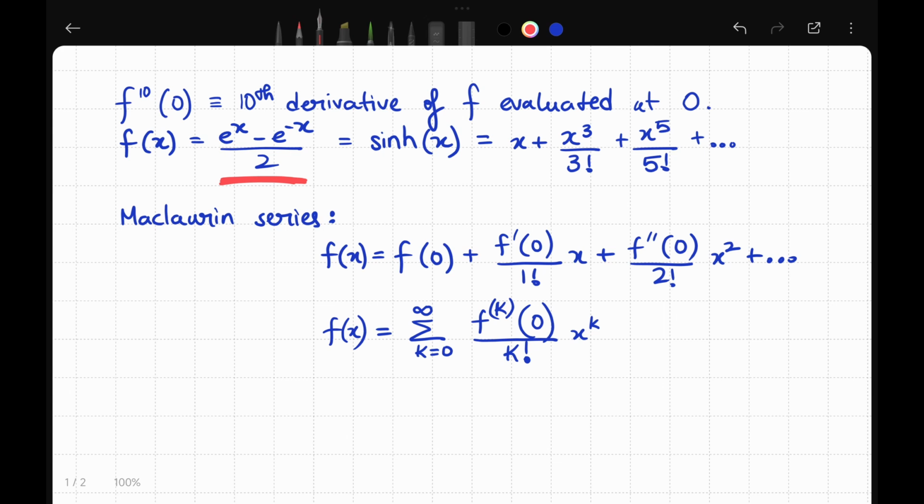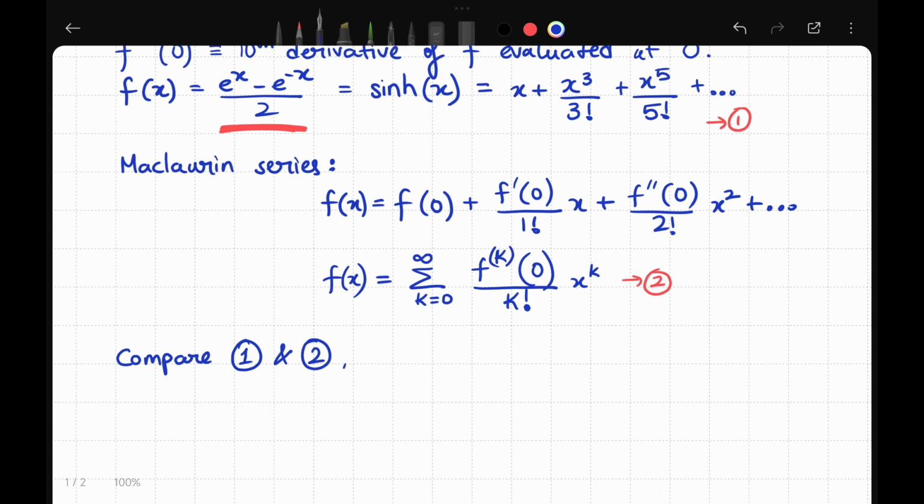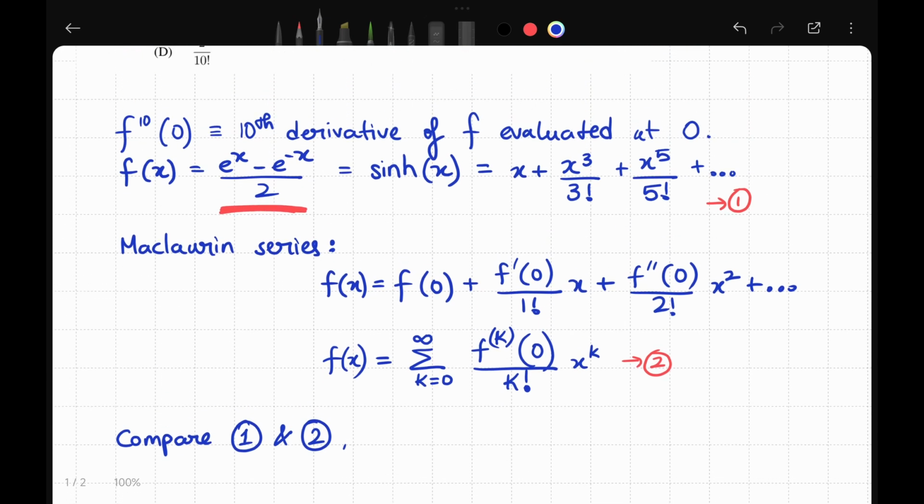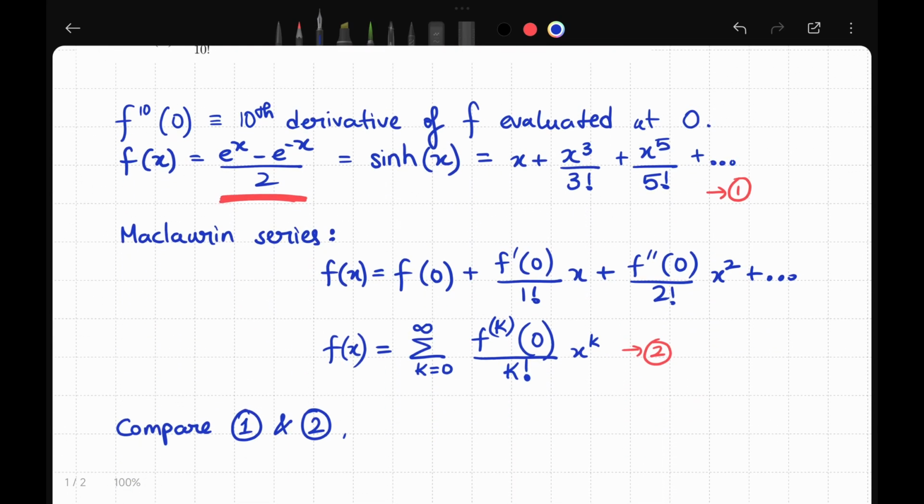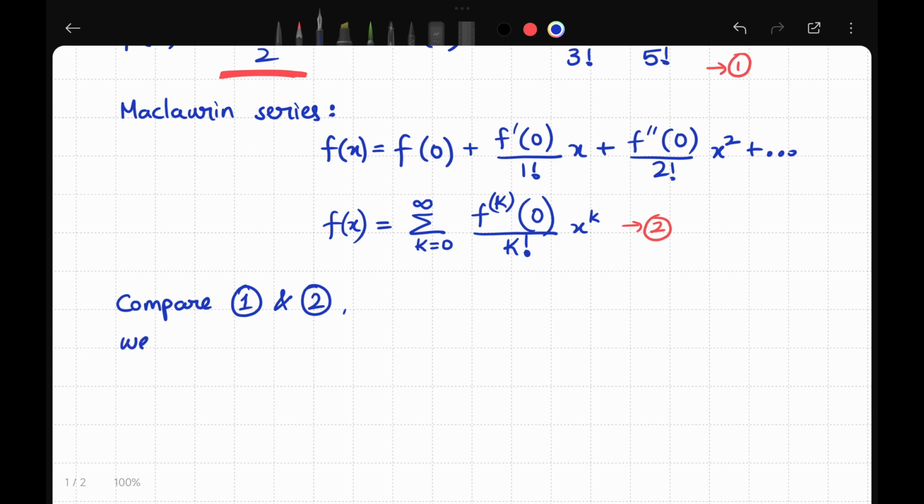So this is the Maclaurin series expansion. I will label this as 1 and the sinh x expansion as 2. Now we compare 1 and 2. What we want from the question is the 10th derivative of f about 0, f^10 of 0. Let's go case by case.